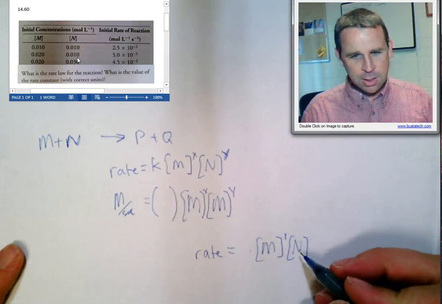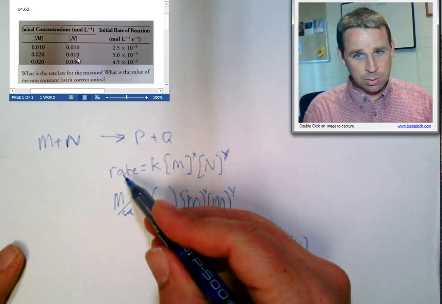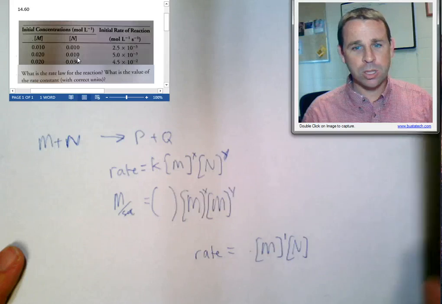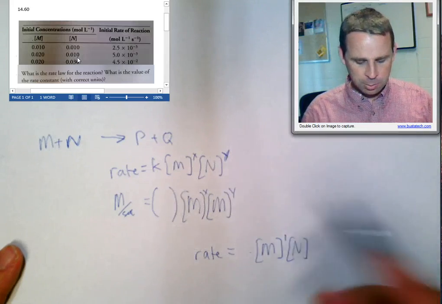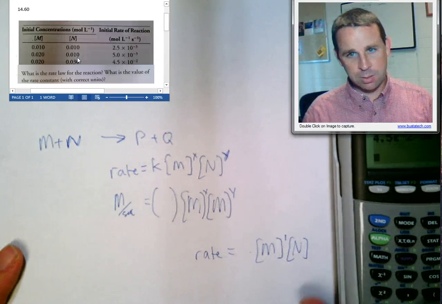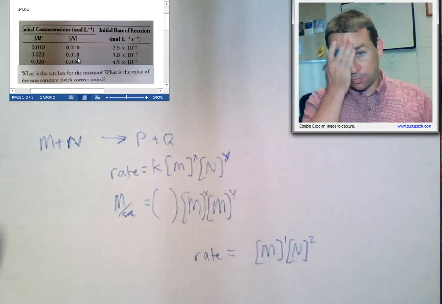So that means that this exponent here on N, this tripled, and that goes up 9 times, or twice as much, right? And that means that this exponent here has to be a 2.